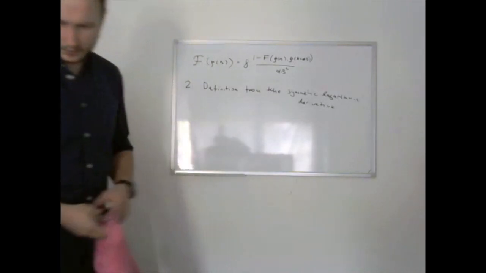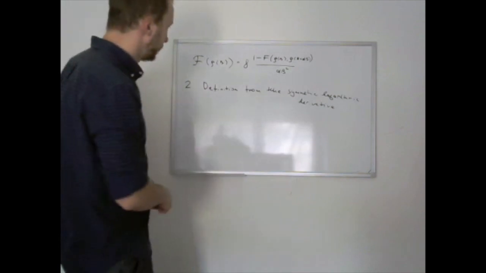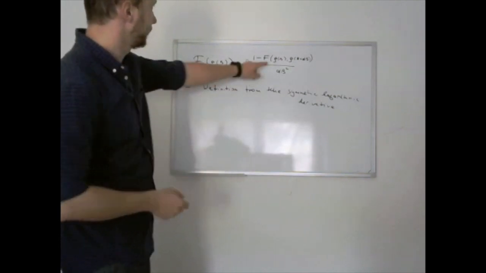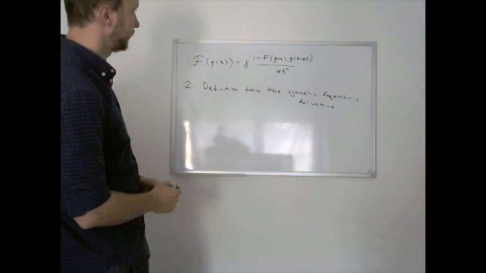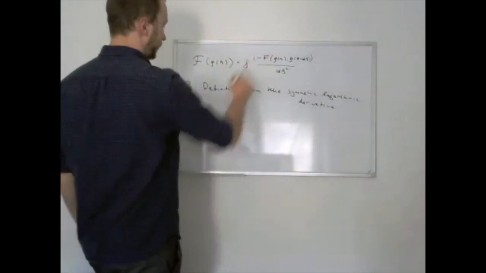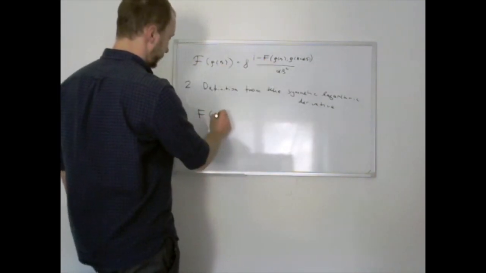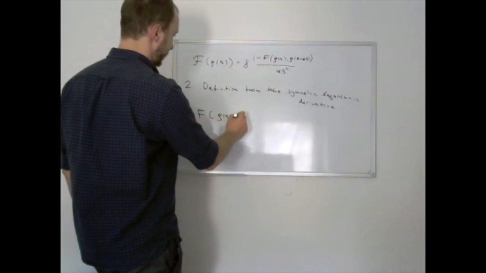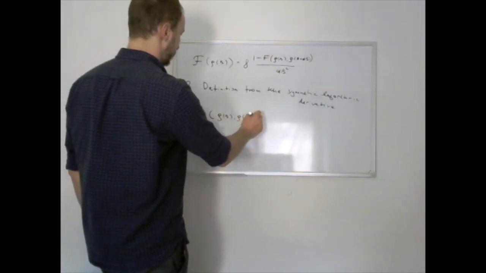To do this, let me just look at this expression and see what it means. We write the fidelity between these two states, rho of B and rho of B plus dB.